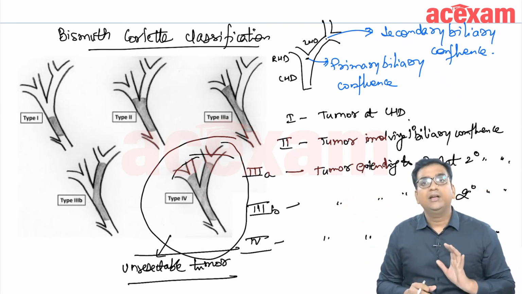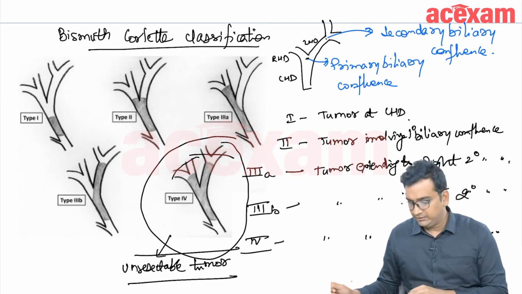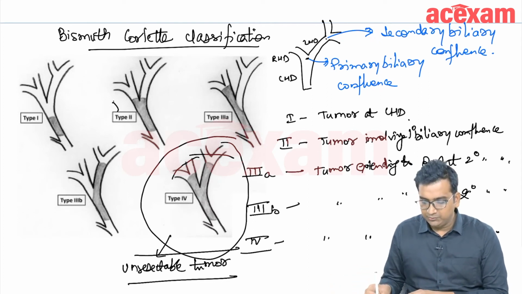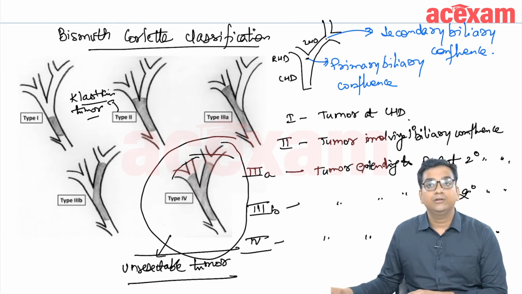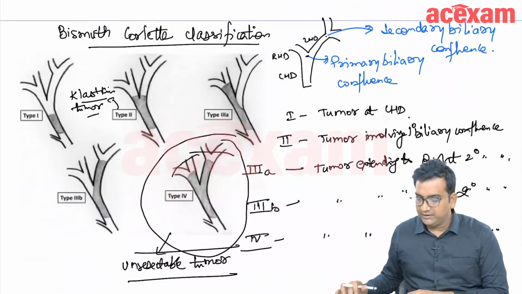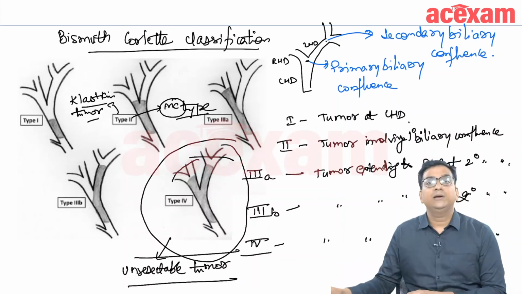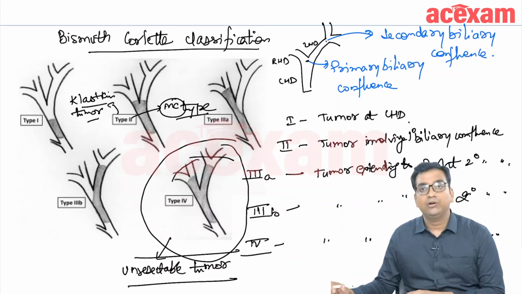So this is an unresectable tumor, and resection is not advised. Type 2 is the classical Klatskin tumor, or tumor involving the hilar confluence. Among all of these, type 2 is the most common type.